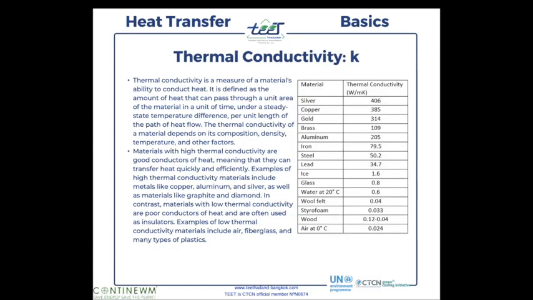So we have to go a little bit more in detail on thermal conductivity. Thermal conductivity, as I explained, is a measure of the material's ability to conduct heat. Okay. It is defined as the amount of heat that can pass through a unit area of the material in a unit of time. That's the way we measure how the material can carry and convey heat easily or not.